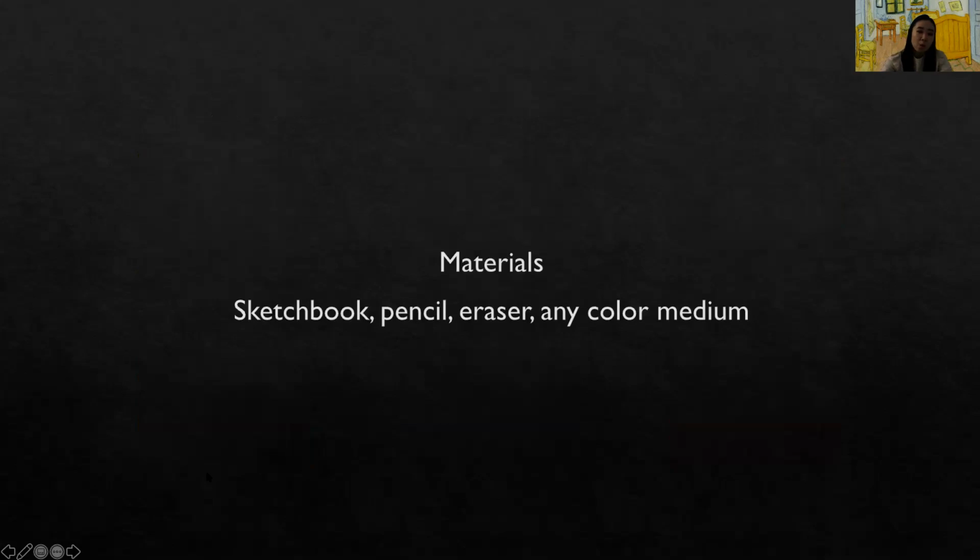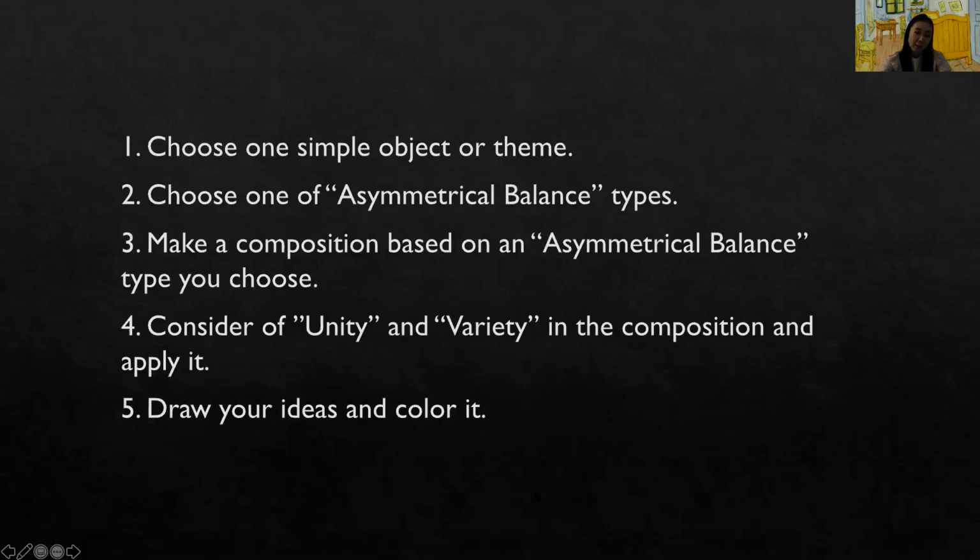So we're going to make a drawing with balance and unity and variety features. For this project, you will need a sketchbook, pencil, eraser, and any color medium you have. Here are the steps in detail. Number one, choose one simple object or theme to draw the asymmetrical balance drawing.